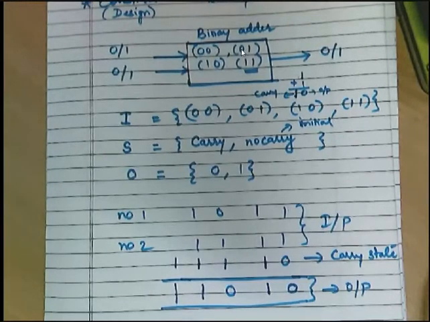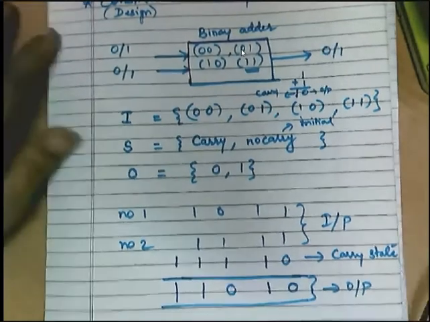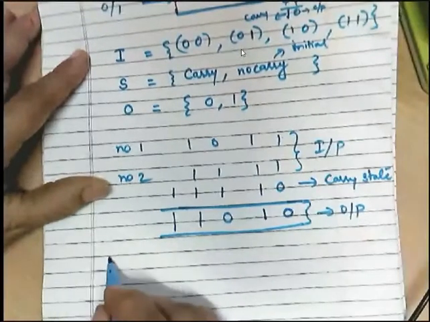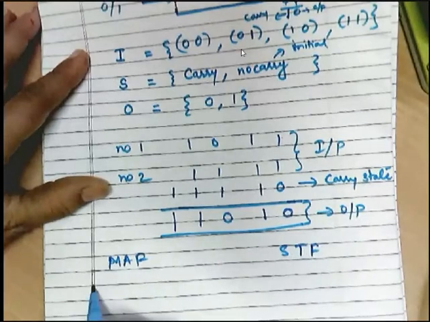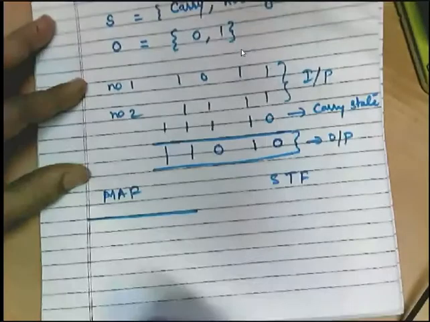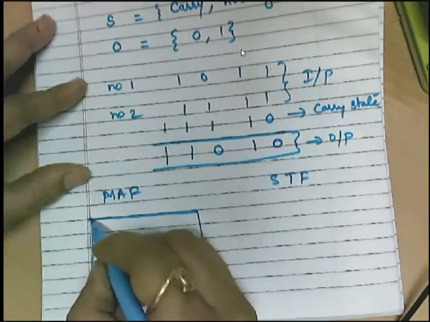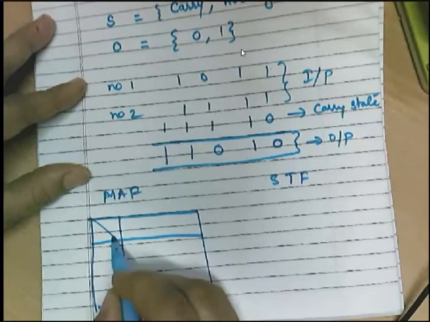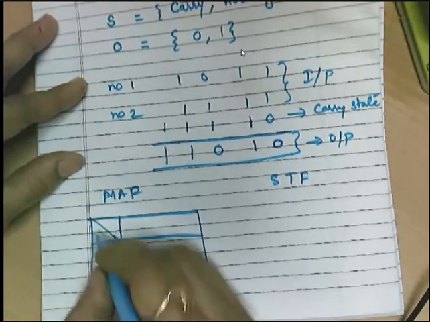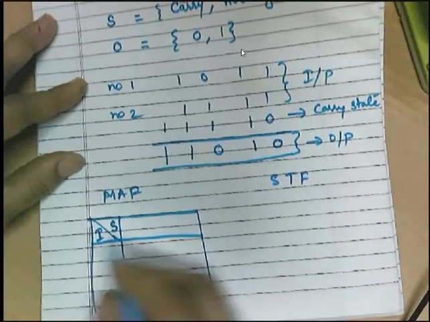So we have identified there will be a carry and a no carry state. Now we will start representing the machine function and state function. How is the machine function represented? With the help of a two-dimensional table in which we have to consider the input as well as the state. What are my different inputs?